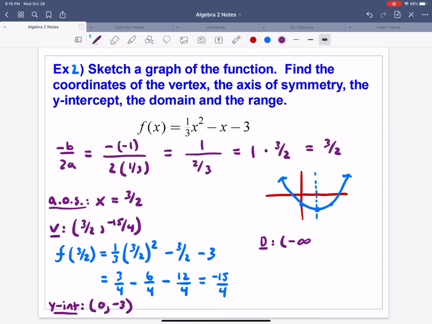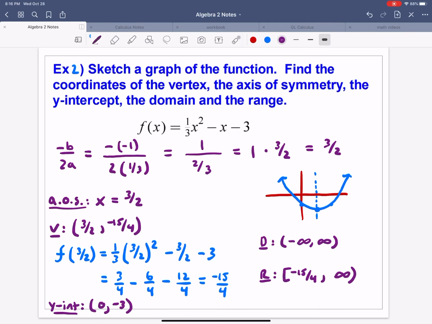The domain, again, is from negative infinity to positive infinity. Remember, domain goes left bound to right bound, and the range goes from floor to ceiling. So for the range, the floor is negative 15/4, and the ceiling is infinity.